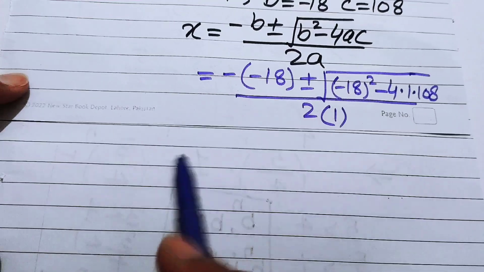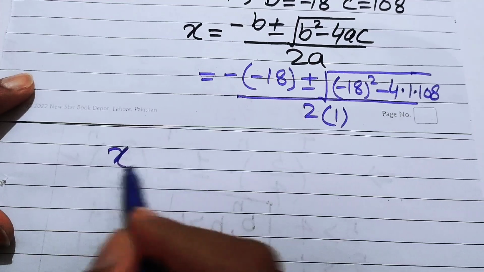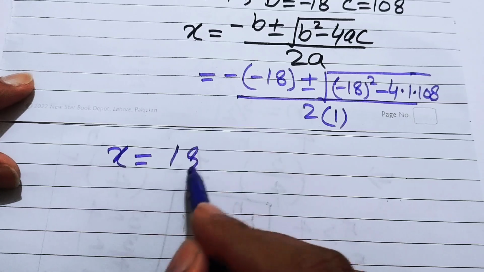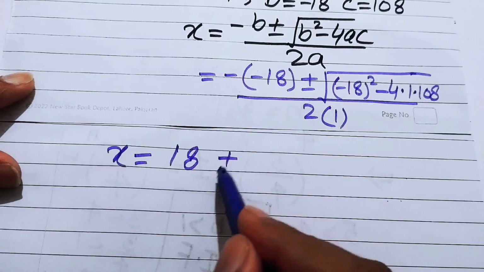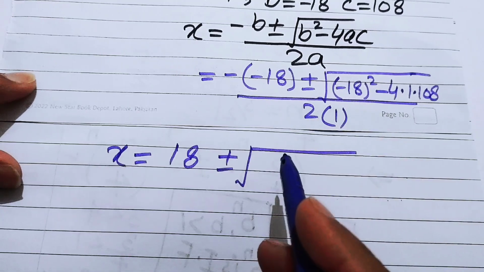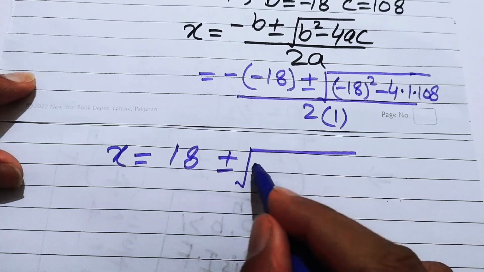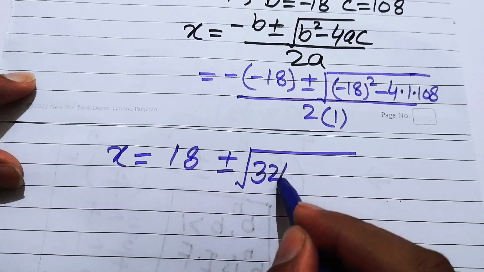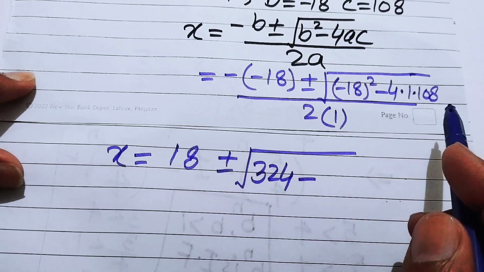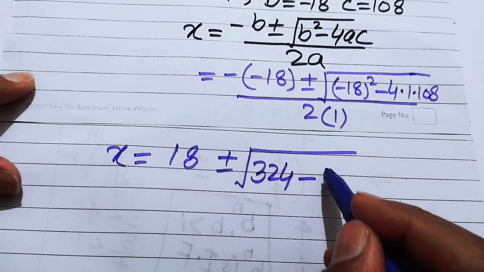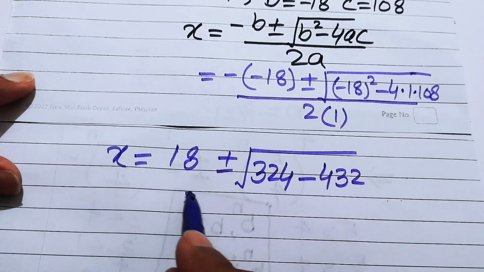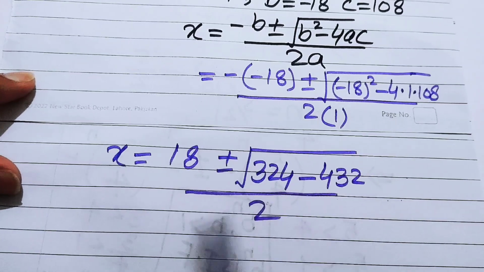In the next step we need more simplification, and here you have minus times minus equals plus 18 and plus minus square root of (minus 18) squared, and you know that (minus 18) squared equals 324, and when we multiply 4 times 108 it equals 432, and this whole divided by 2.